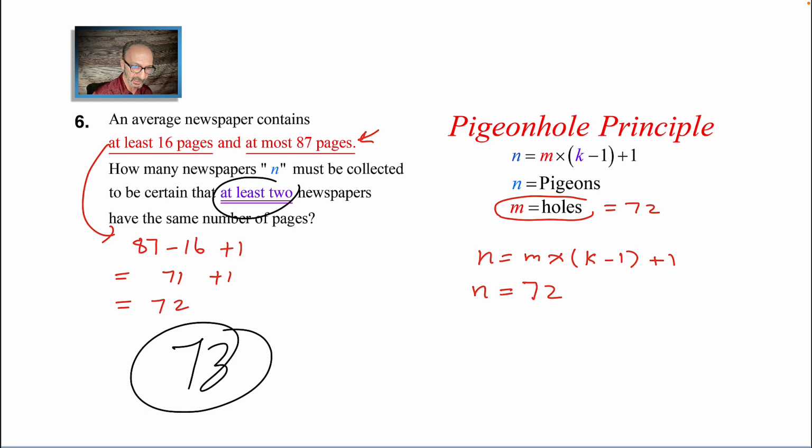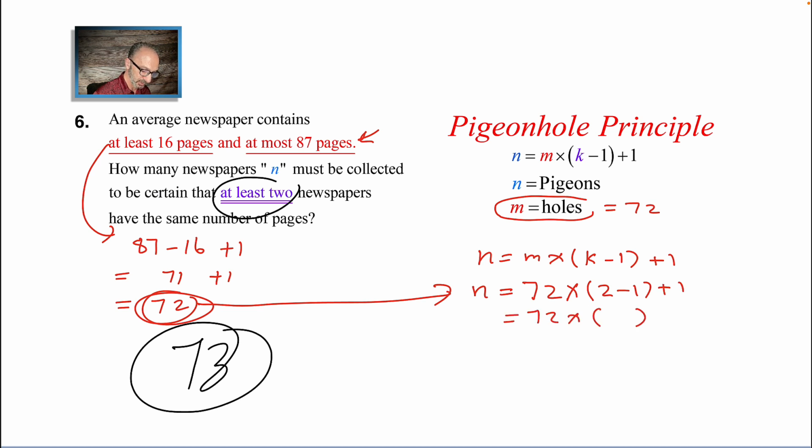You could count them and take your time, double check that this is true. That's the number of holes, or possible different newspapers that I could have, times at least 2, so k is 2, minus 1, which is not going to make a difference right here, but if it's not at least 2, you're going to have to use that number, plus 1. 72 times 2 minus 1 is 1. 72 times 1 is 72, plus 1, 73, and that is the answer.